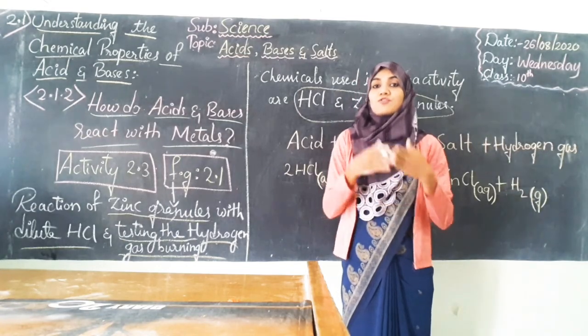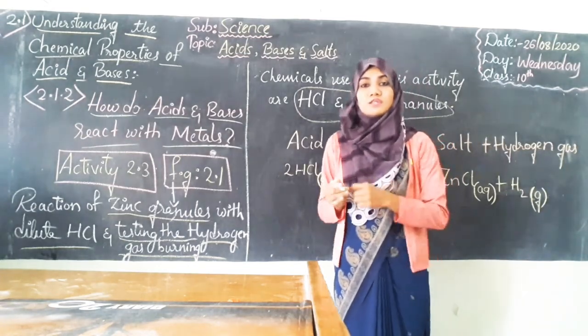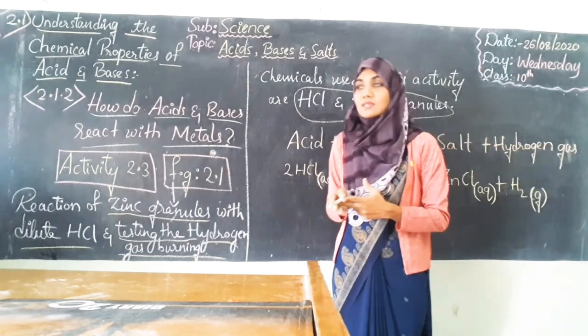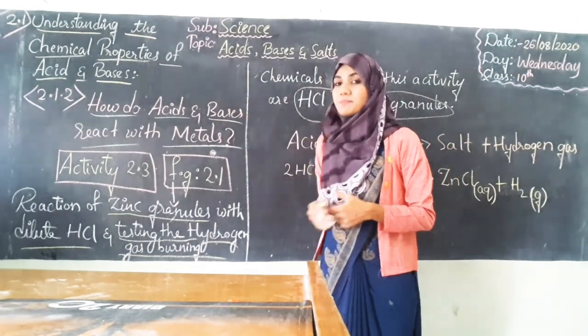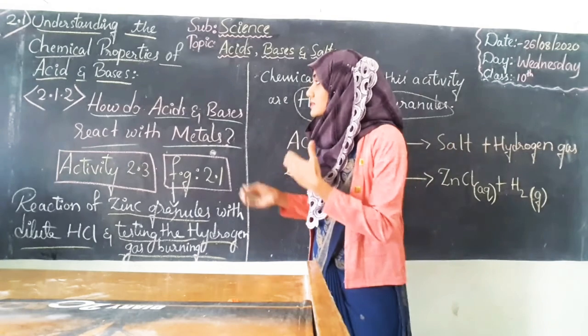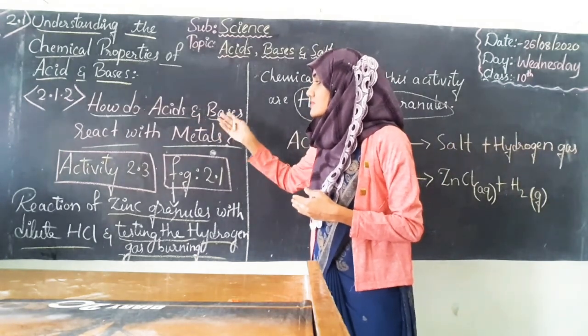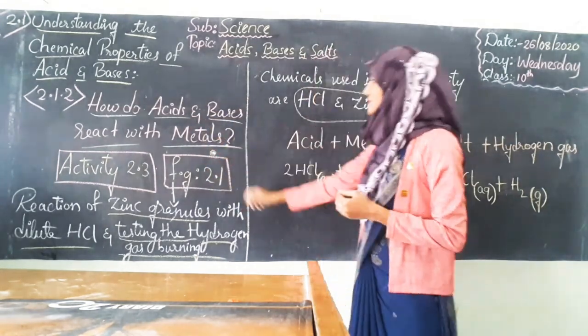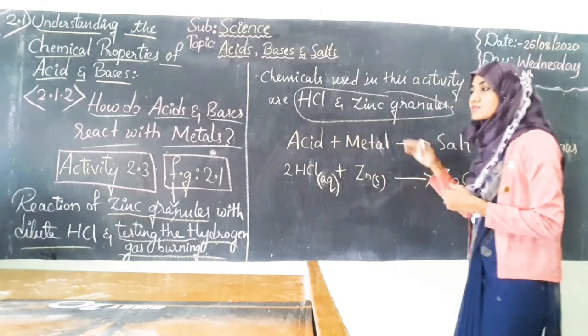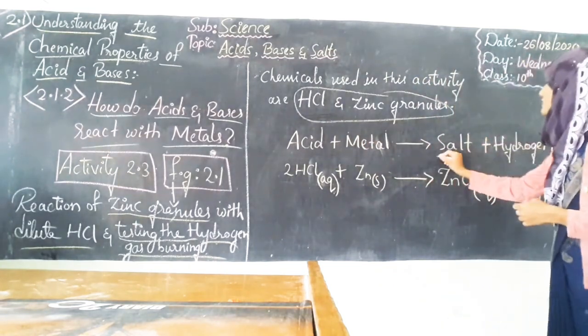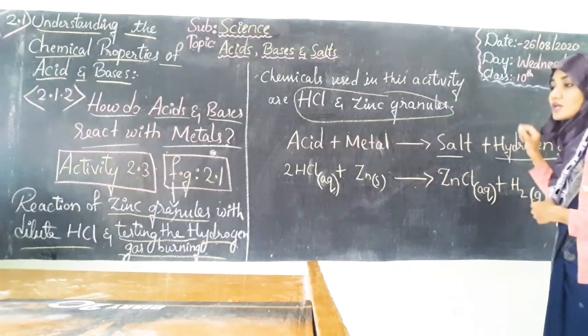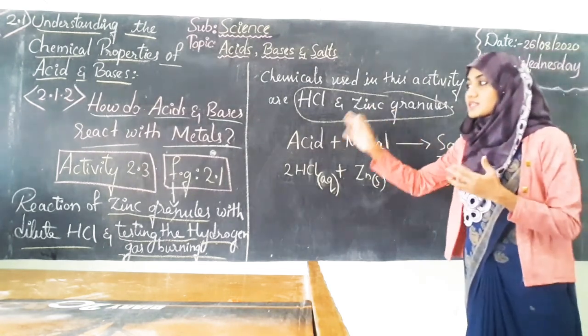From this activity we can infer the second chemical property of acids and bases. What do they form when they react with a metal? They form salt and hydrogen gas. This is the inference of this activity.